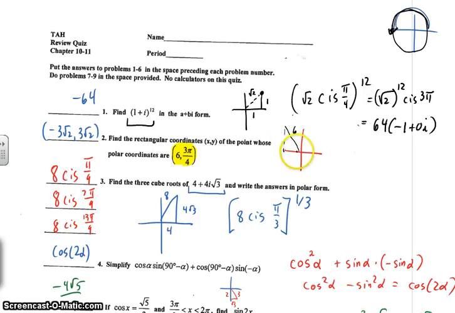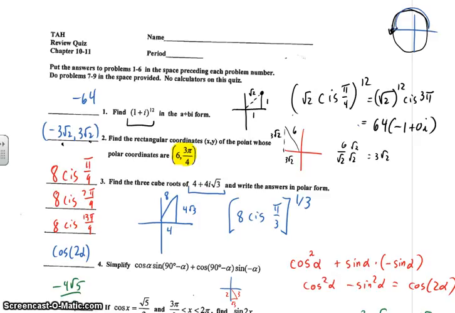This is one of those 45-45-90 triangles, so 6 should be equal to x root 2, so these distances are 6 over root 2, which if you rationalize that, you get 6 root 2 over 2, which is 3 root 2. So both these distances are 3 root 2. We can see that the x-coordinate is negative and the y-coordinate is positive, and that's how we get negative 3 root 2, comma 3 root 2.